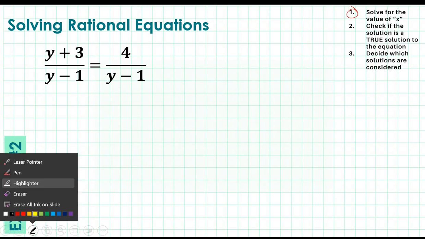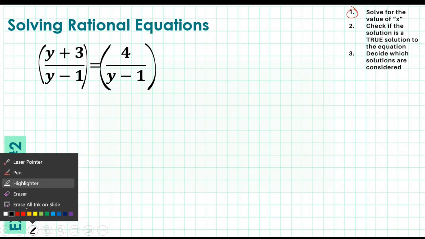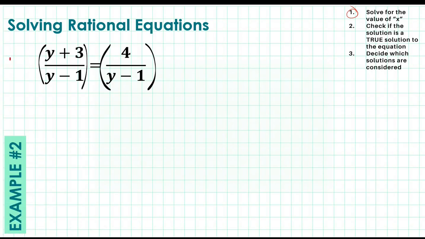To simplify this easily, what we can do is multiply both sides of the equation by y minus 1. Notice that the denominators on both sides are the same, so if we multiply y minus 1 to both sides, they can easily be cancelled.